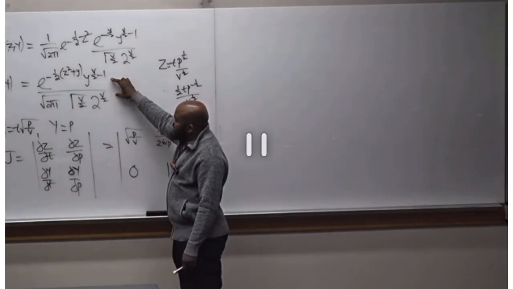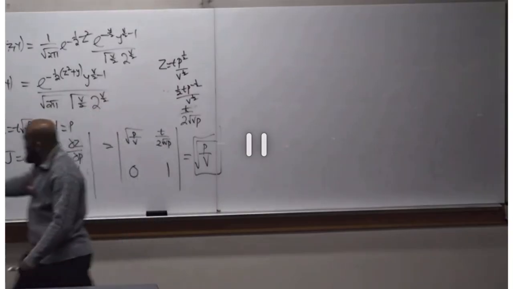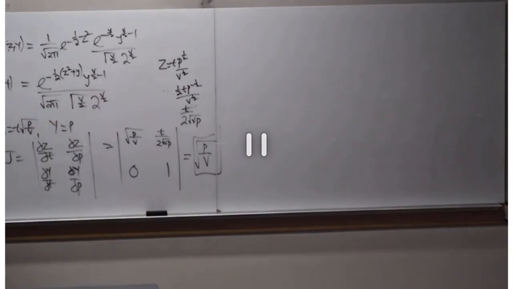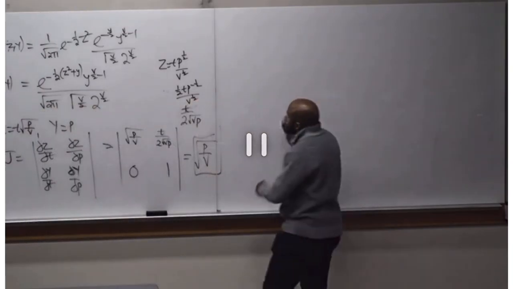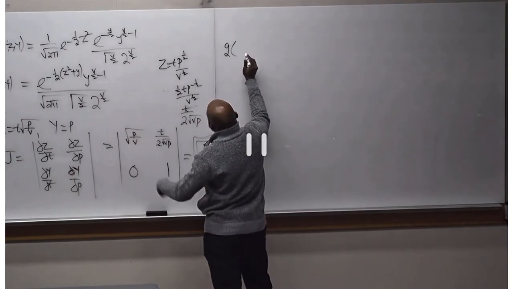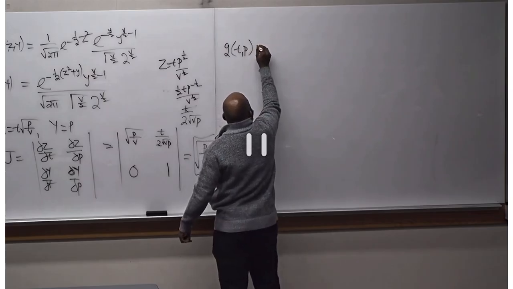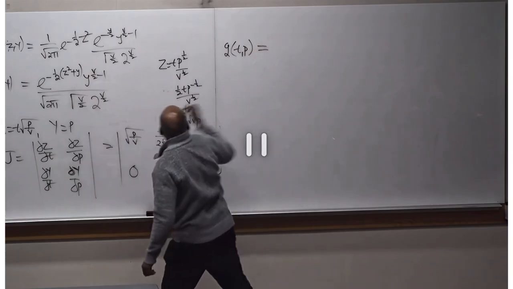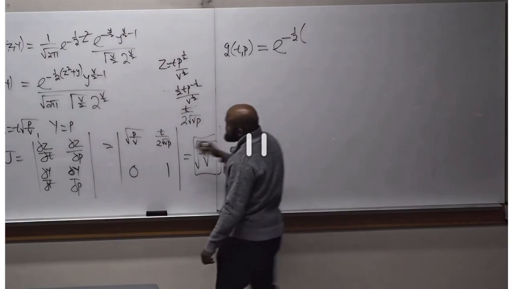Wherever I see z, I'm going to put this guy. Wherever I see y, I'm going to put that guy, multiplied by the Jacobian. So which means the g of t and p now. So like I said, I'm going to come here, e raised to power minus half into, what is z squared?